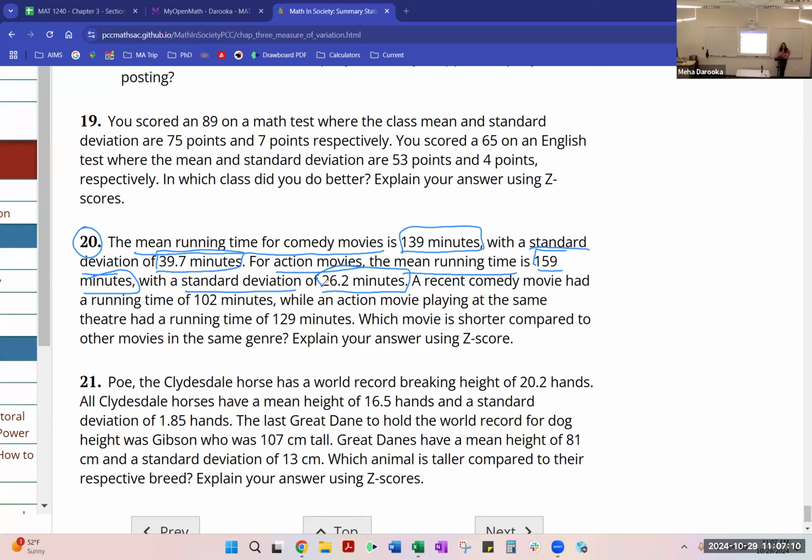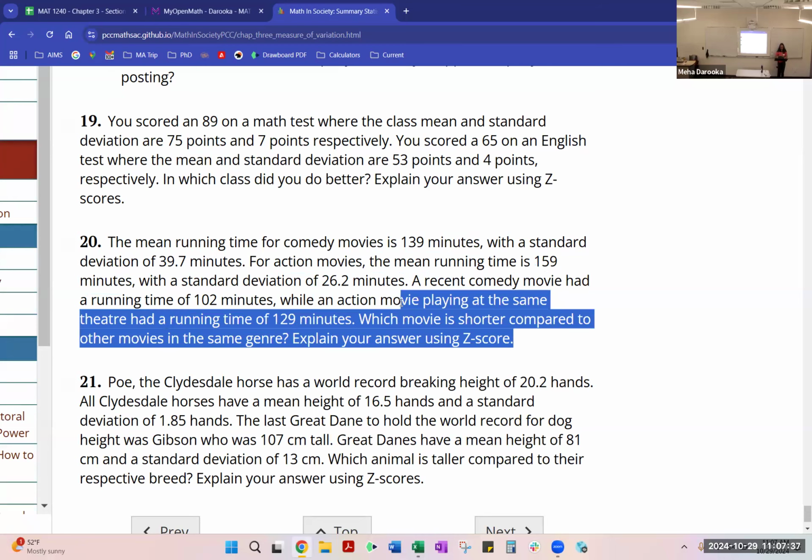They're saying a recent comedy movie had a running time of 102 minutes, and for an action movie, the running time is 129. They want to know which movie is shorter compared to other movies in the same genre, using z-scores as a comparison. So let's take this, and I can show you how to use the standardized function in a spreadsheet.